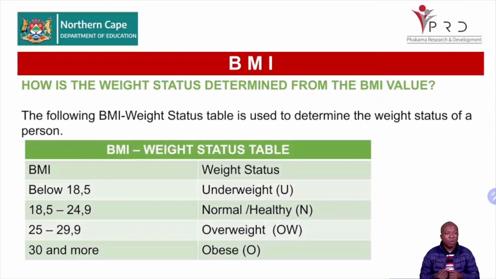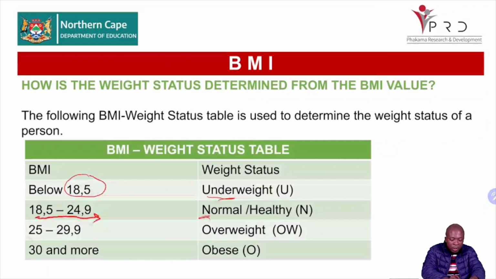During examinations, in most exam question papers, the examiner will give you a table like what you are seeing here on the screen. If you calculate your BMI and the answer you get is below 18.5, we say that person is underweight. If the answer is between 18.5 and 24.9, we say the person is normal or healthy.